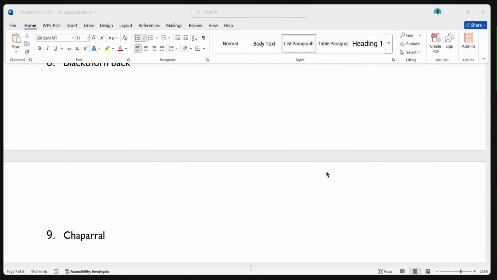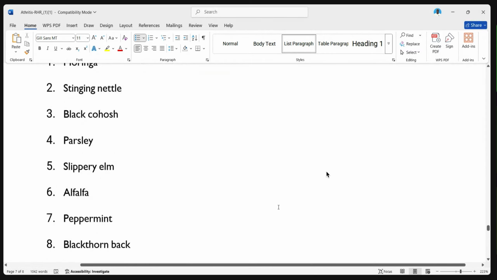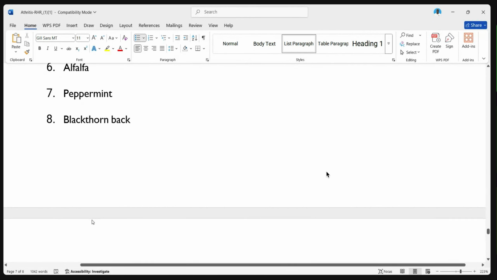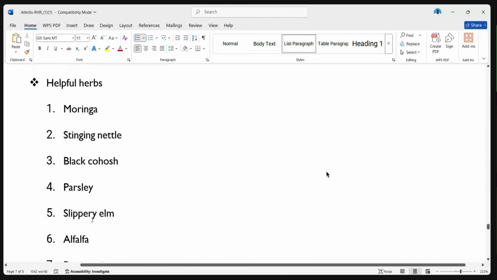Well, now, so in the anti-arthritic complex, of course, hata nimewaambia hapa, but let me just go back so that you can see it clearly. You can add, on this list, turmeric. Just add them as I speak.